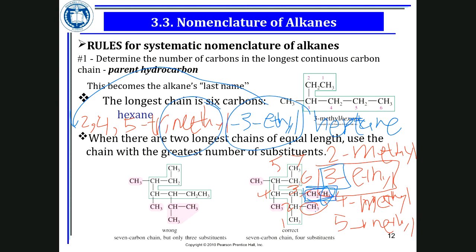So to write the correct name, you are going to write this again. You are going to say 3-ethyl, dash 2, 4, 5-trimethyl, and heptane.